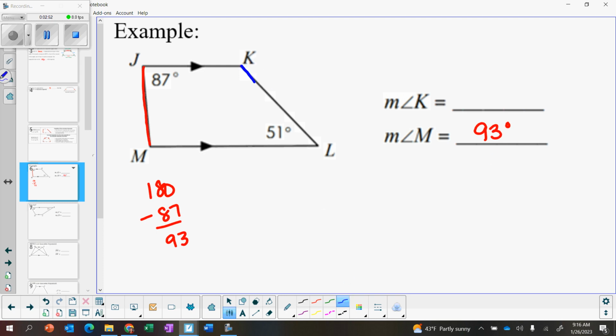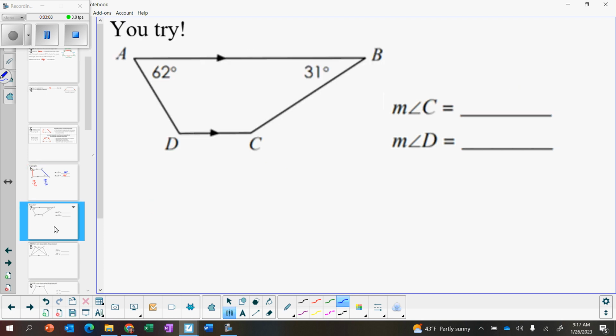And then along this leg, these angles are supplementary. So if I did 180 minus 51, I get 129. So you go ahead and try this one, pause. When you're ready to see the answer, hit play.